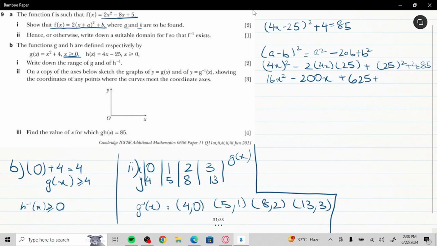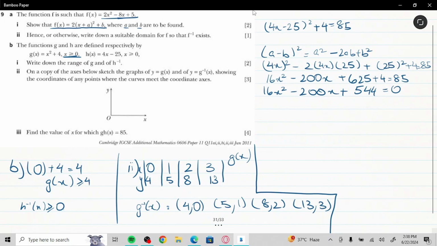Plus 4 is equal to 85. So 16x squared minus 200x plus 629, and we take this 85 and put it on the other side. So 629 minus 85 is 544.